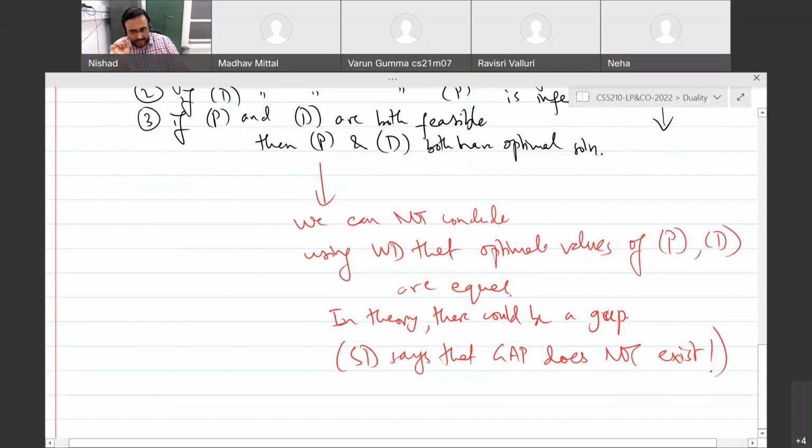The certificate of infeasibility that we got from the two-phase method came from looking at the auxiliary LP, whose optimal value was not zero, it was less than zero.